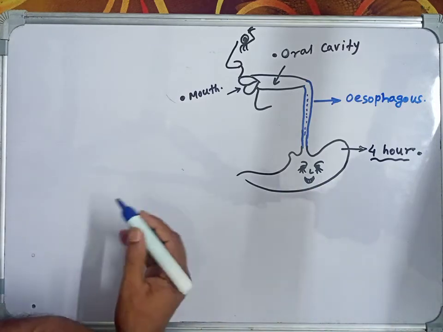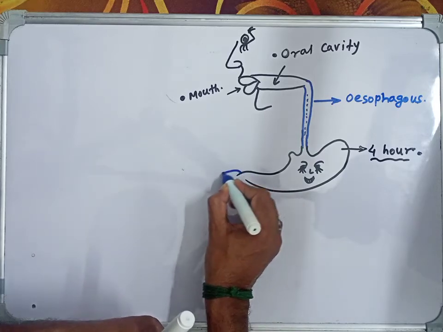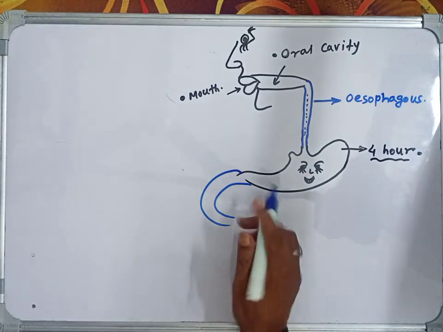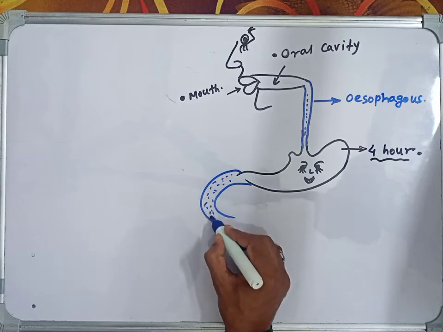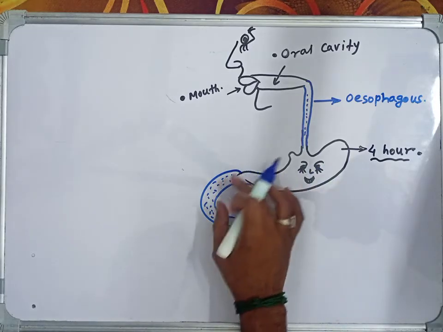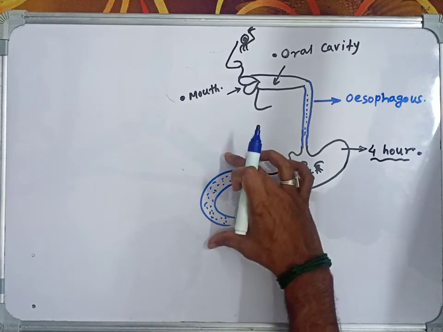after this pouch-like structure, the stomach, there is a C-shaped curve, right? From there the small intestine starts. After the stomach the small intestine starts.